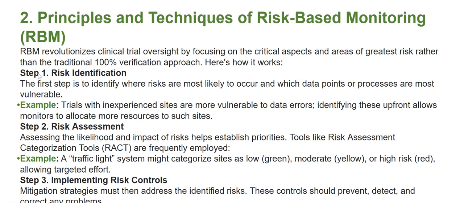Here's how it works. Step one, risk identification. The first step is to identify where risks are most likely to occur and which data points or processes are most vulnerable. Example, trials with inexperienced sites are more vulnerable to data errors and bias.